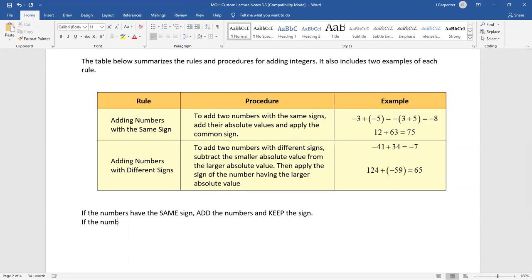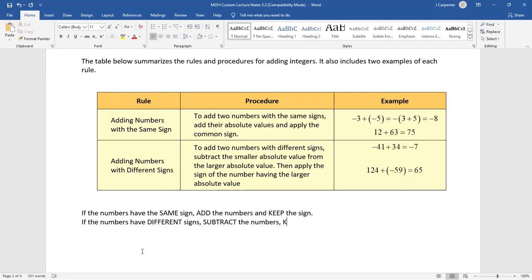So if the numbers have different signs, I'm sorry, let me use the word different. Different and opposite mean the same thing here, but this word is a little better because of the letter it starts with, as we'll see. So if the numbers have different signs, you will subtract the numbers. And again, larger minus smaller in terms of what you would have known how to do before today.